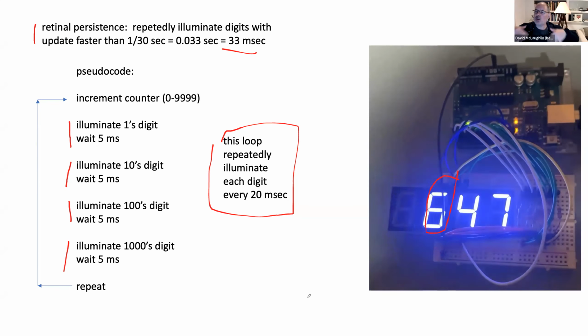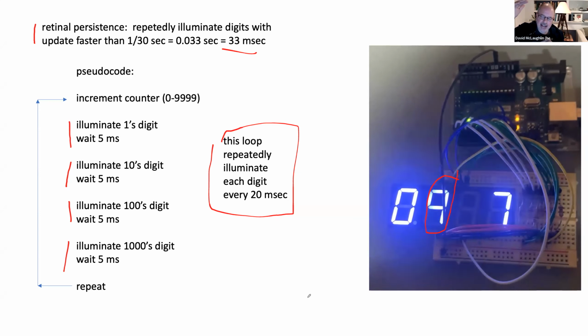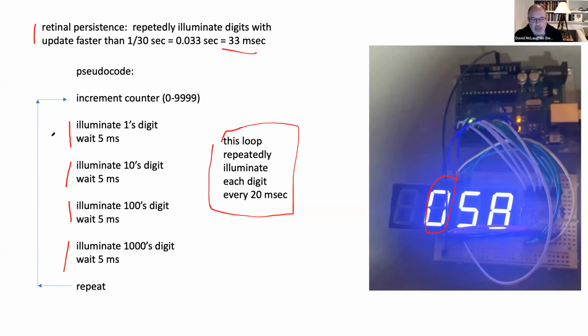What I have to do is have a loop inside a loop, because this action has to be tight. To fool the eye-brain, this has to repeat at 20 milliseconds. So if I want to slow this whole thing down, I do this whole thing many times as an inner loop controlled by an outer loop. That's what we're going to look at here.